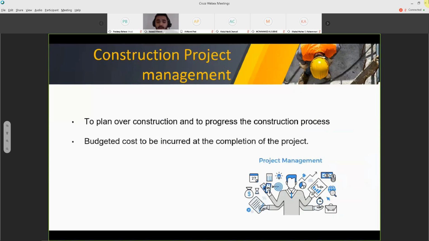So for the second objective, construction project management, to make sure that the right construction specification specifying the cost to be incurred at the completion of the project. Yes, next slide, please.